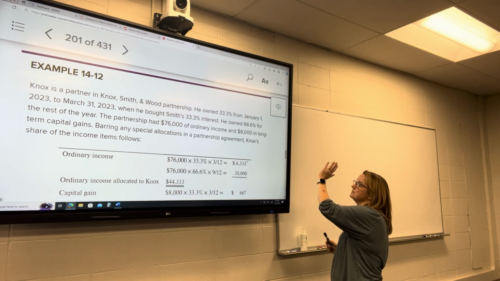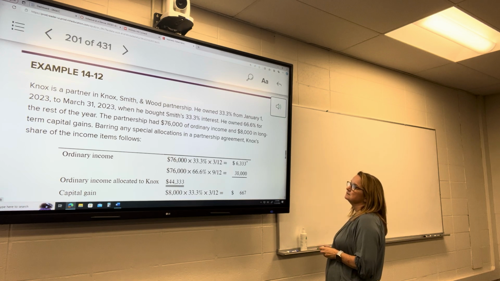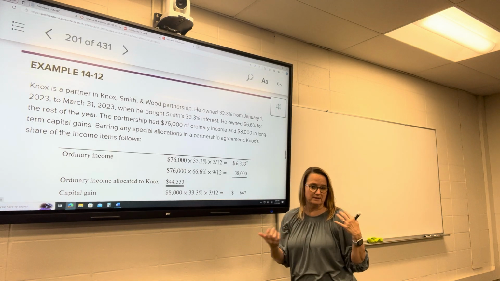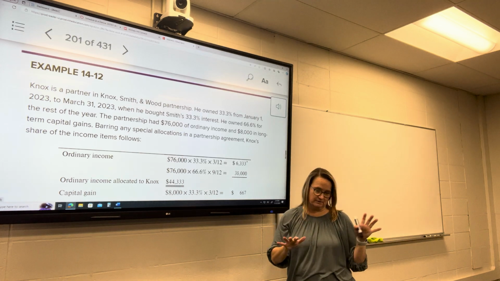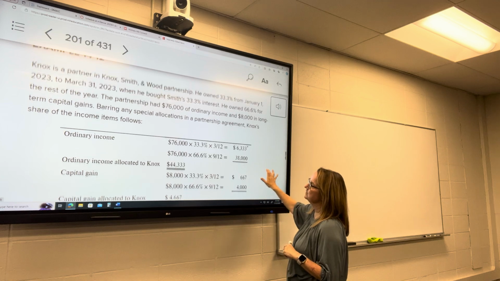So then he owned 2/3 for the rest of the year. They had $76,000 of ordinary income, $8,000 in long-term capital gains, barring any special allocations. There might be some special allocations, like in the partnership agreement, they may have some other arrangements with regard to the percentages. This is how we would calculate the share of income.